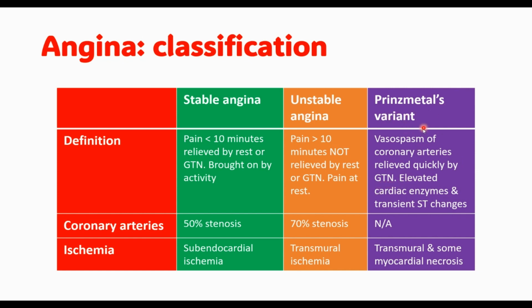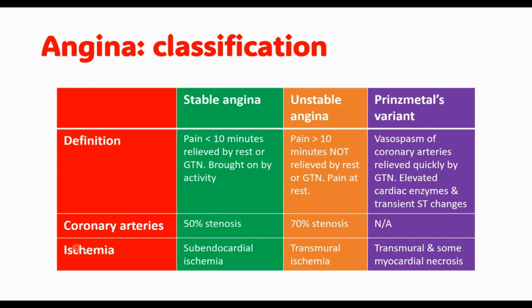But Prinzmetal's variant is often confused for more serious conditions such as NSTEMI and STEMI, because the cardiac enzymes such as the troponins and the creatine kinase can be elevated, and there can also be some ST changes, so there can be some ST elevation or some ST depression on the ECG. However, these changes are transient and tend to resolve sooner than the more serious conditions such as STEMI and NSTEMI.